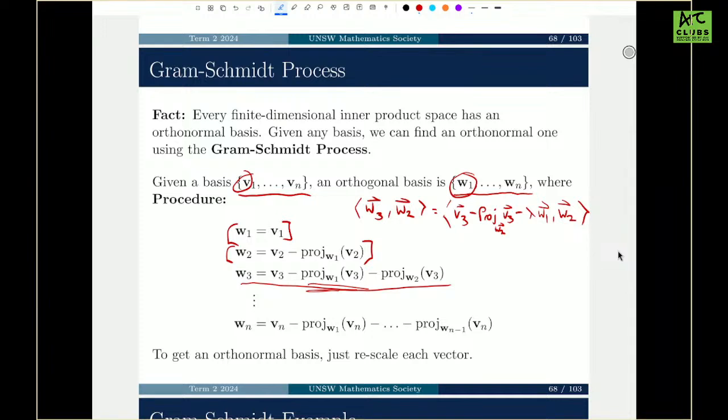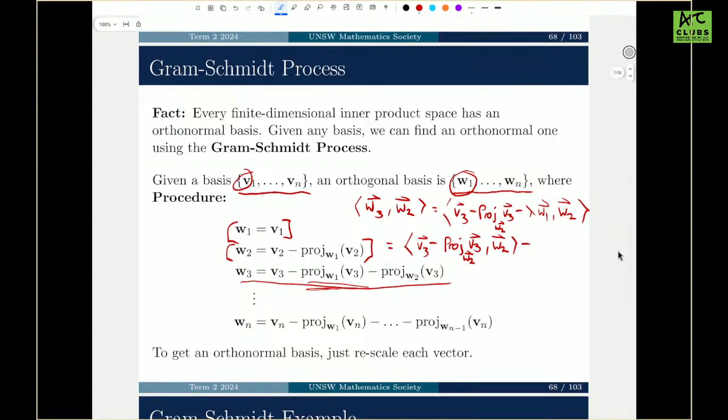Now, we can expand this out using the fact that we can just expand out inner products from our properties that we looked at earlier. To be this with W2 minus, and I'm going to do the lambda W1 and the W2. So I'm going to throw the negative lambda out the front because we're allowed to do that.